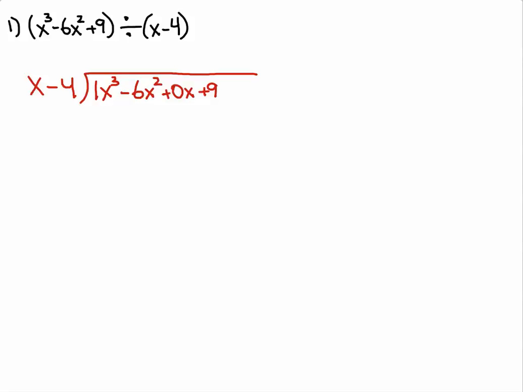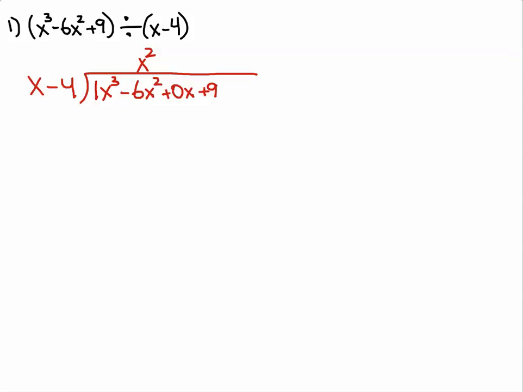Remember, we're trying to figure out how to get to x cubed by dividing by x. So what times x will make x cubed? To do that, pretty much just plain x squared, because x squared times x is x cubed.